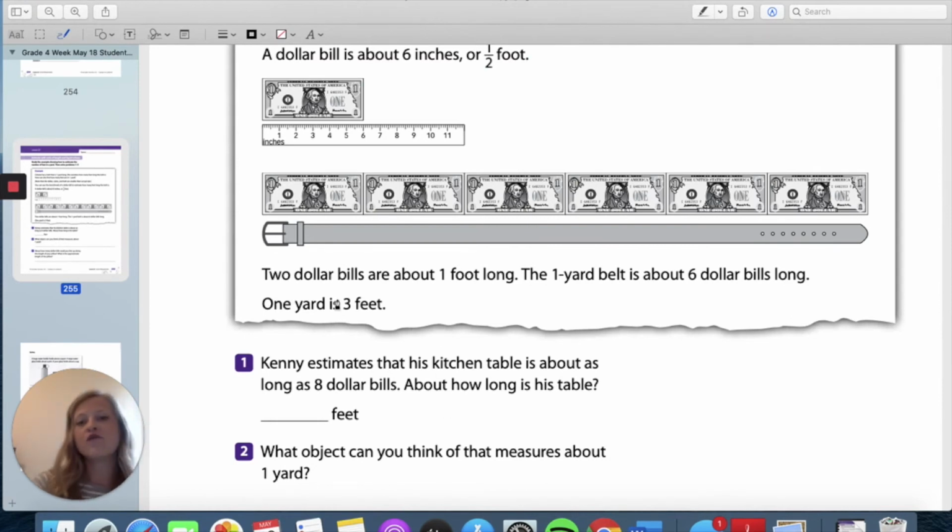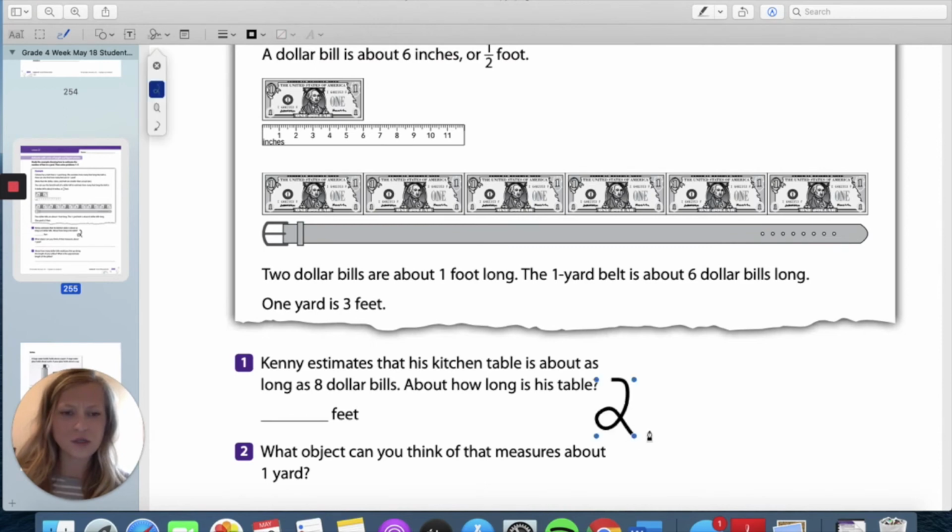Okay, so if I know that 2 dollar bills is equal to 1 foot, and I know that Kenny estimates that his kitchen table is about as long as 8 dollar bills, I'm kind of creating an equation in my mind.